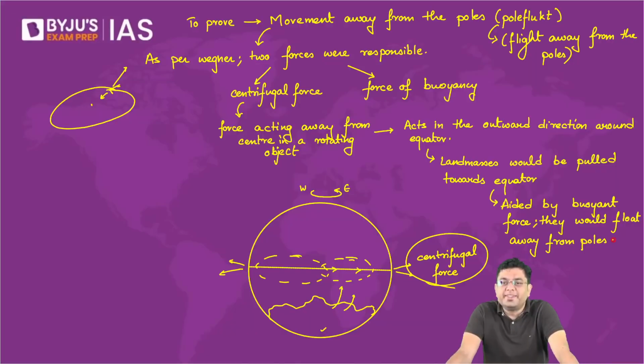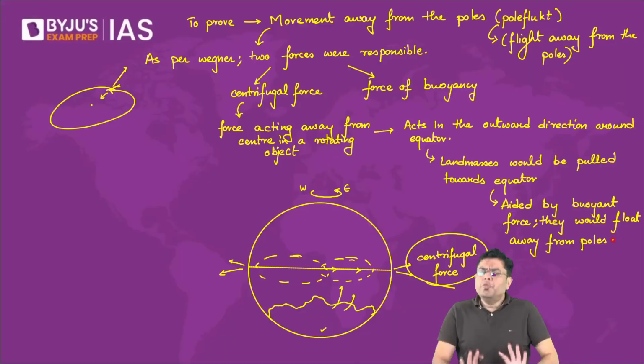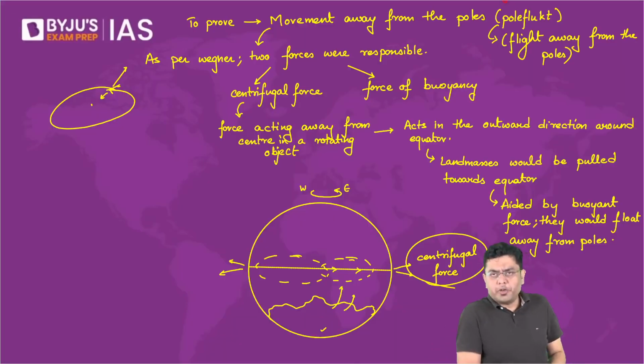This is what he cited as the flight away from the region of the poles. Flight away from the region means movement of land away from the region of the poles in general.